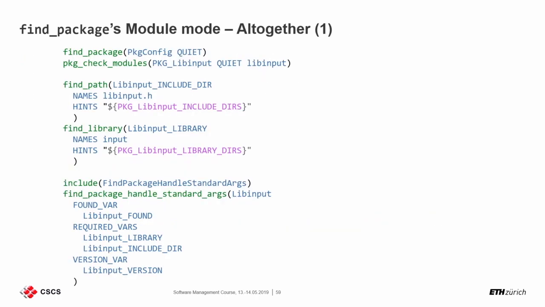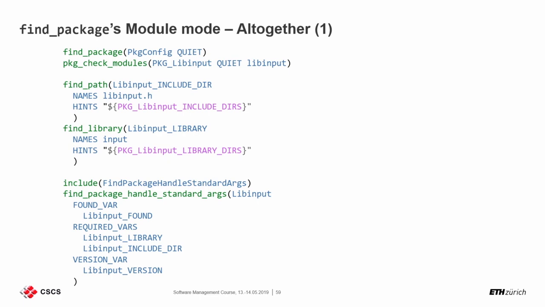Last thing altogether, so we are now able to write such a module file. Let's quickly go through it. At the top, we first ask the package manager if he knows that this thing is installed. Then, based on what he said, we try to find the right include directories and the libraries.